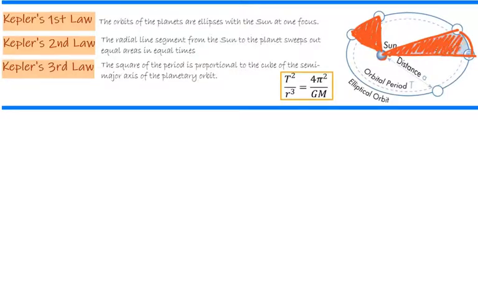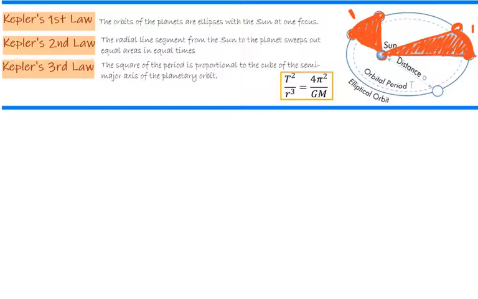Let's say it took 1 hour to travel from this point to this point, and another hour from this point to this point. Then the areas I shaded will be equal to each other. That was his second law.